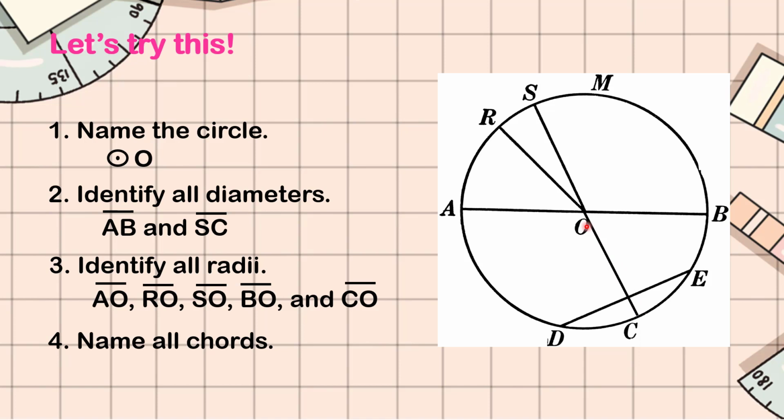Number 4. Name all chords. Again, a chord is a segment whose endpoints lie on the circle. A chord may or may not pass through the center of the circle.